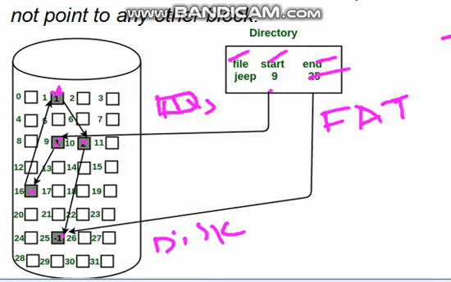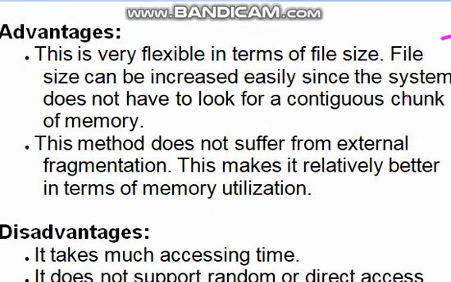As I already told you, each and every allocation method has its own advantages and disadvantages. Let me explain the advantages and disadvantages of linked memory allocation. The advantage of linked memory allocation is that it is very flexible in terms of file size.